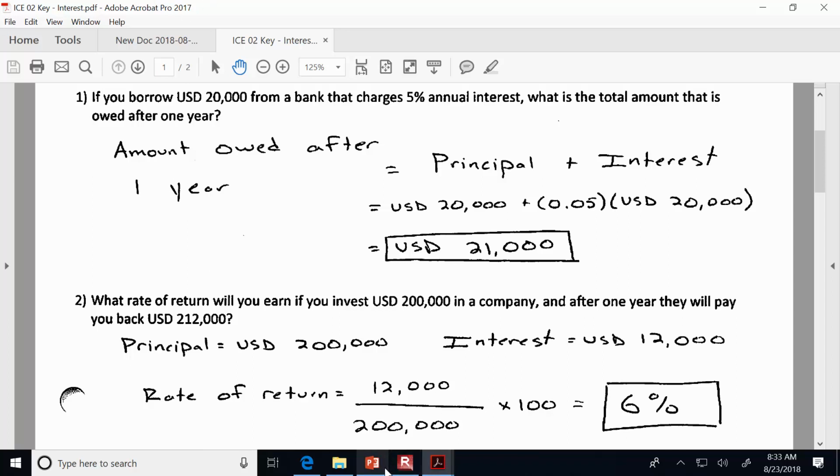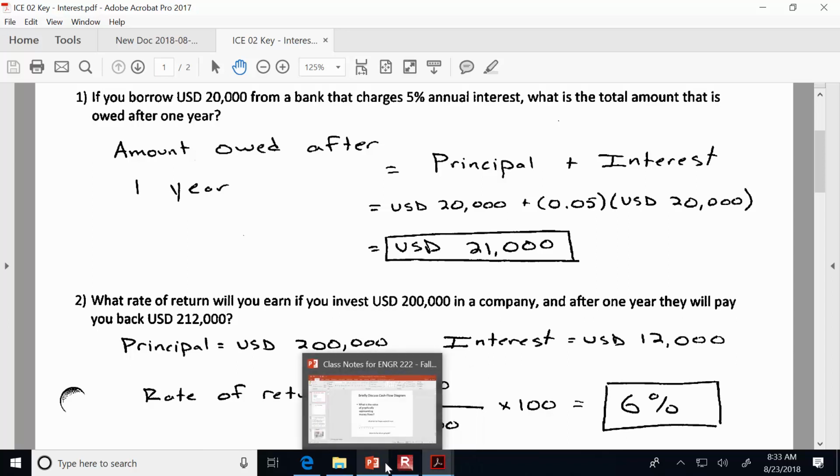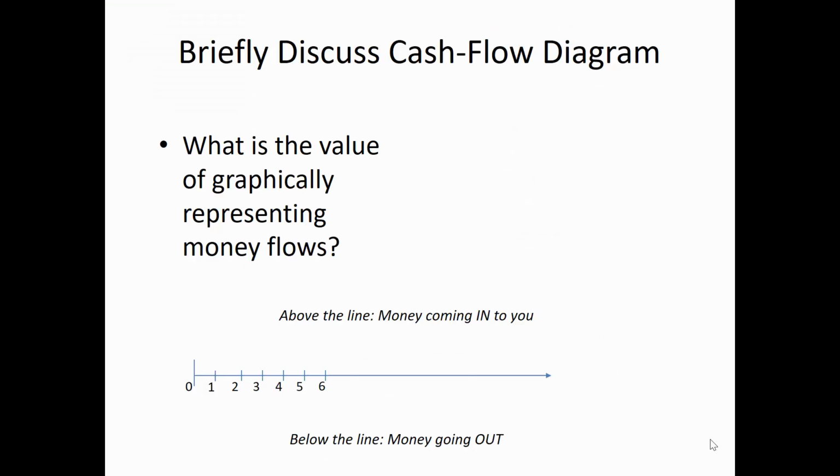For problem 4, you're going to have to draw a sketch of a cash flow diagram. You've never seen one before, but let me give you a hint. It's going to be a horizontal line, and you put tick marks on it to represent every time period. In problem 4, each of these tick marks represents a year. An arrow above the line means money comes in to you.